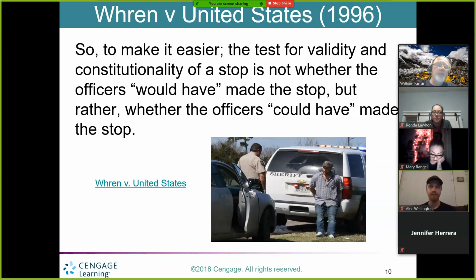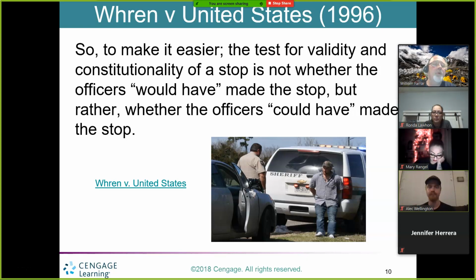It's 1996, so it's not too bad. It basically said this in a very similar case. The test for validity and constitutionality of a stop is not whether the officer would have made the stop, but rather whether the officers could have.